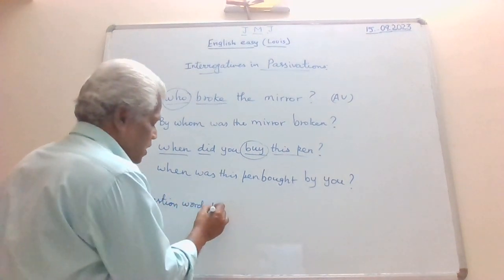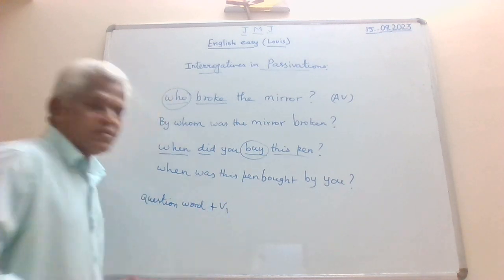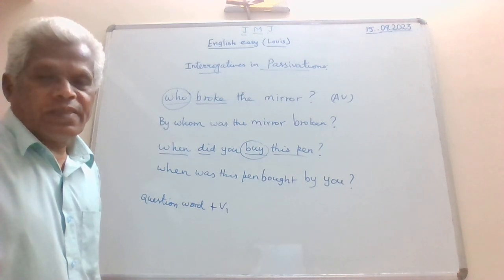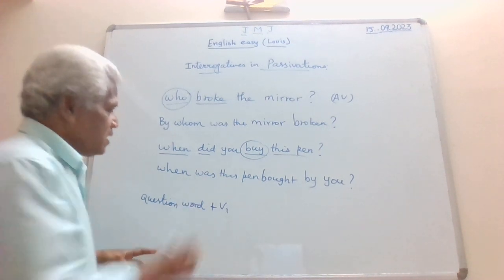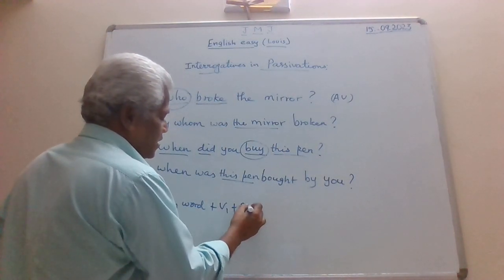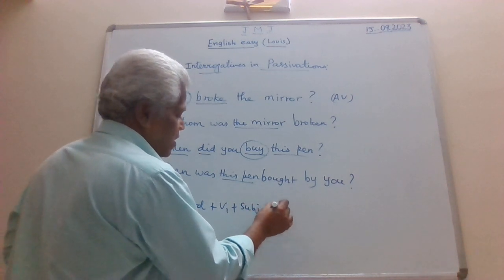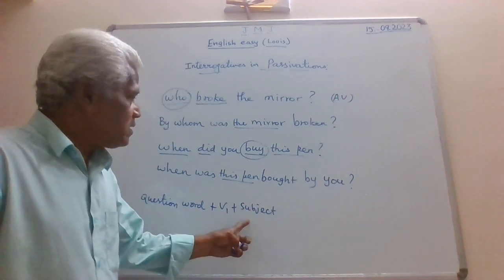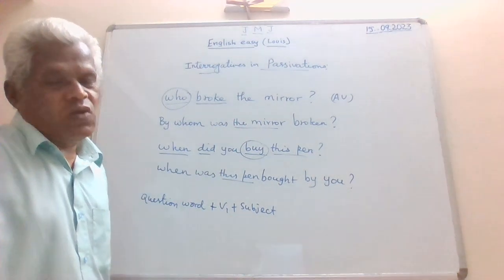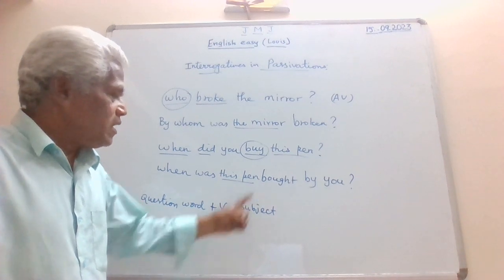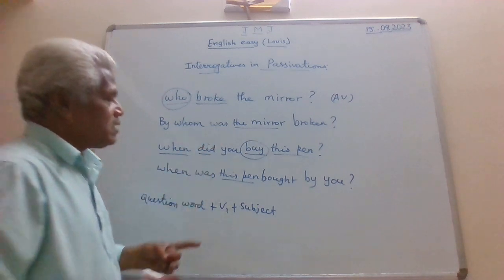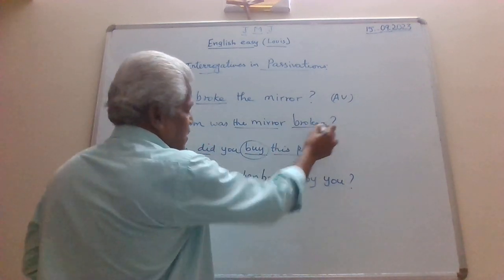You have what is known as verb 1 here, depending upon the tense. Then afterwards what you have? Your subject. And the subject could be the object of the active voice. Then what is next here?